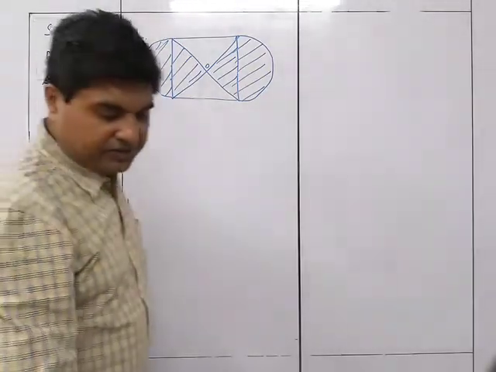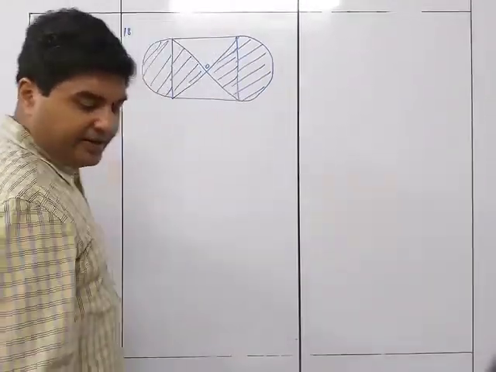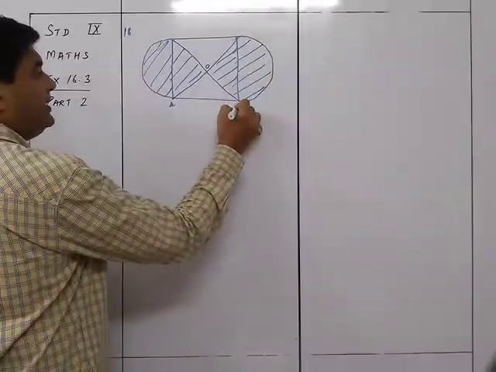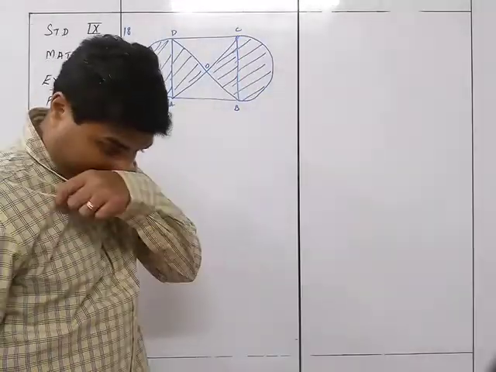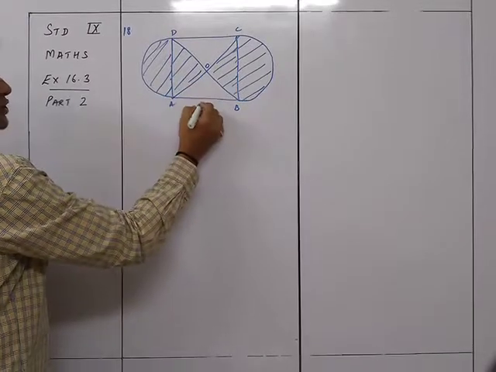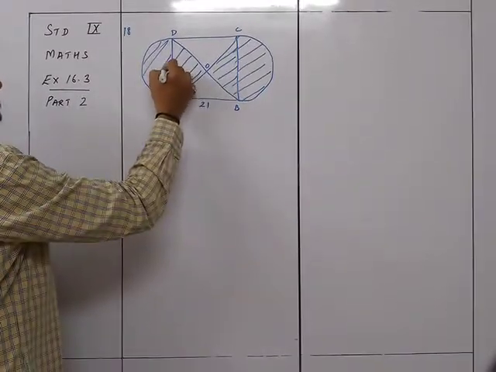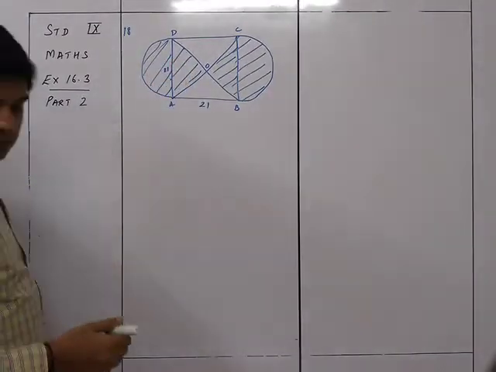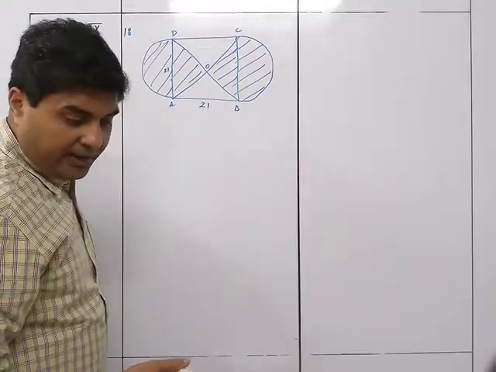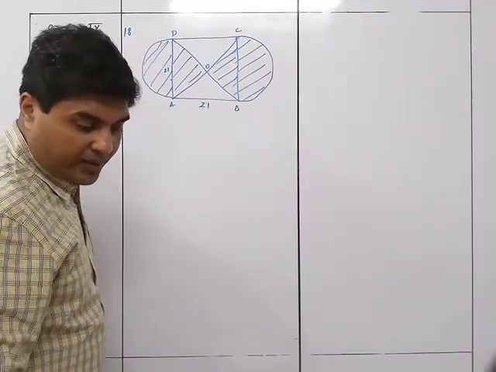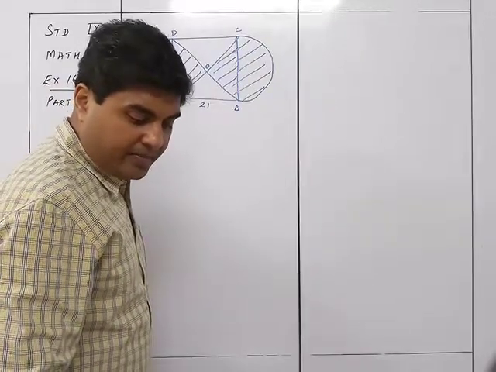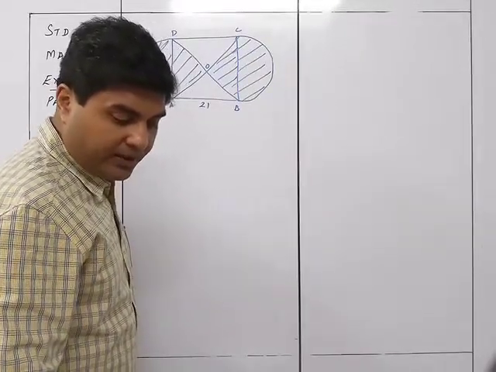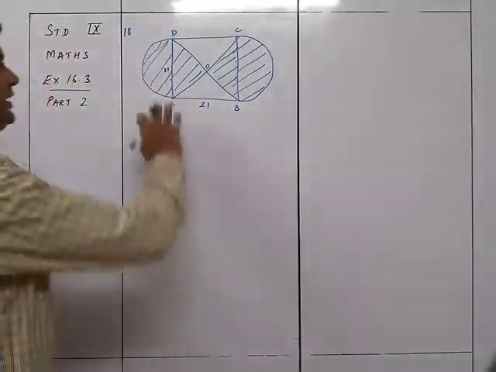Okay, this is the condition. Given that ABCD, so this is A, B, C and D, is a square of side 21. So of course this is 21, so automatically the diameter is also 21. And AC and BD are the two diagonals of the square. Two semicircles are drawn on AD and BC as the diameter. Find the area of the shaded region.